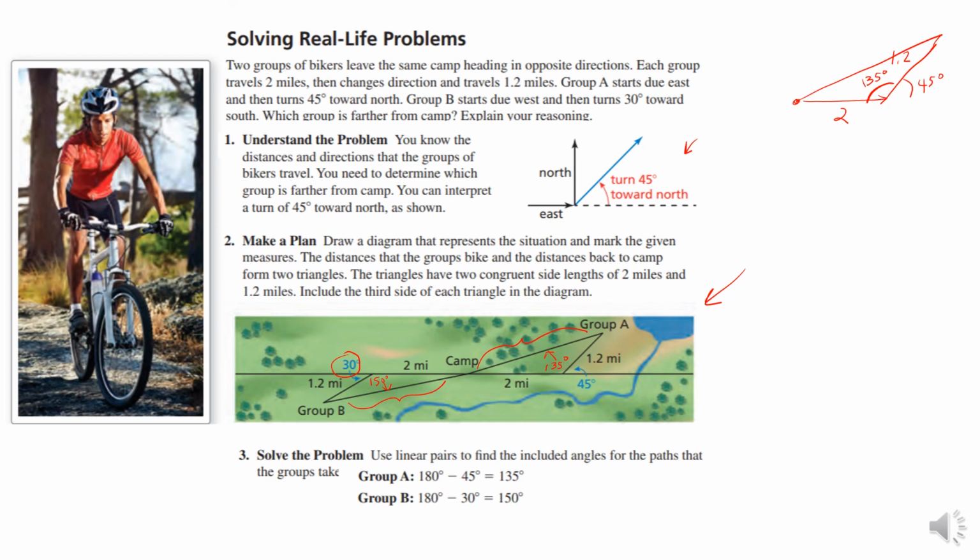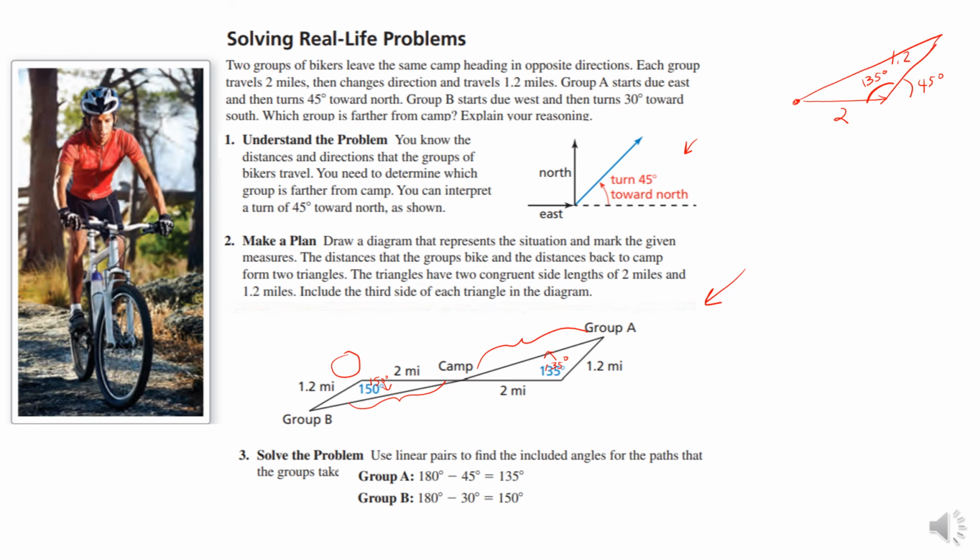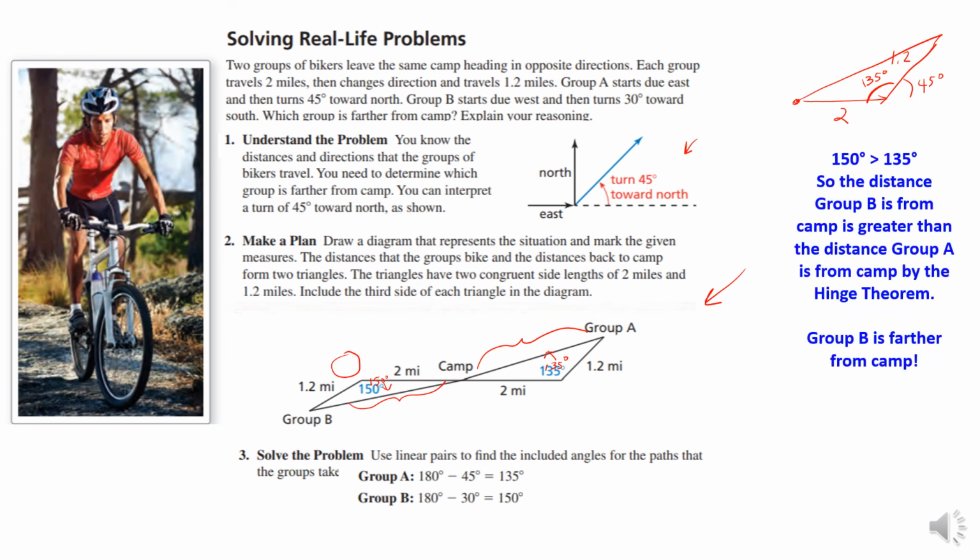Group A, this shows you. So we know that group B is farther from camp. Okay, we don't know how much farther, but we do know that they are farther from camp. There we go. So the distance group B is from camp is greater than the distance group A is from camp by the hinge theorem. There you go.